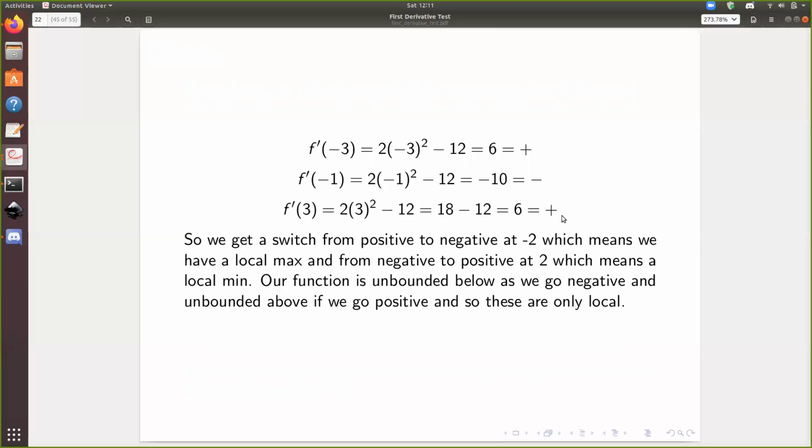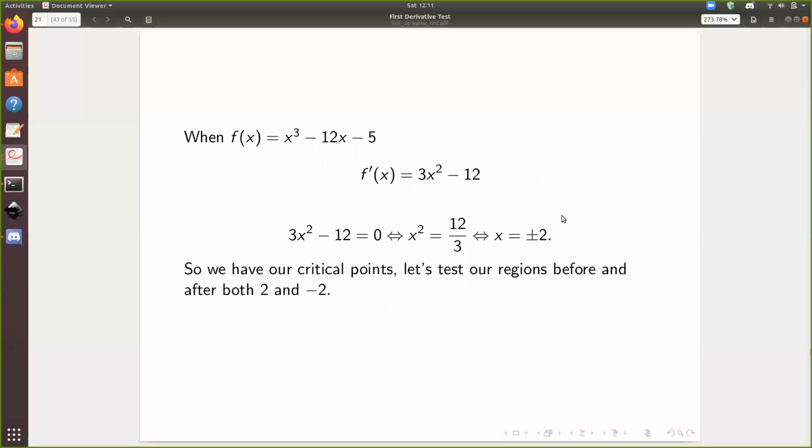So one more thing to note is that I didn't really care about boundary points. I didn't restrict the domain. So we need to think for just a moment about what our function does as we go up to infinity. So remember that our leading term is a cubic right here. So if we plug in very, very large negative values, it's going to stay negative.